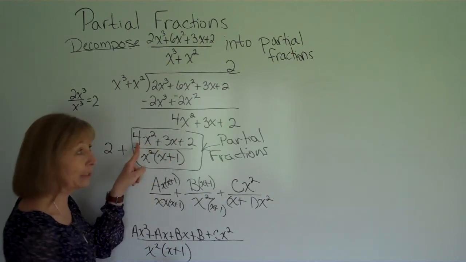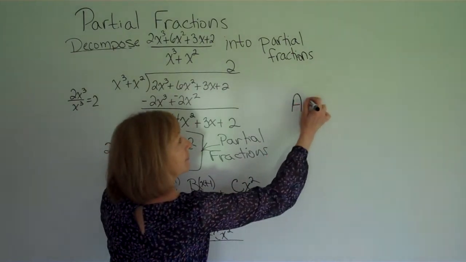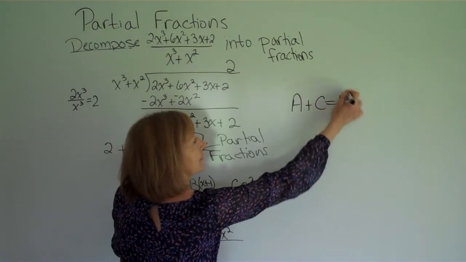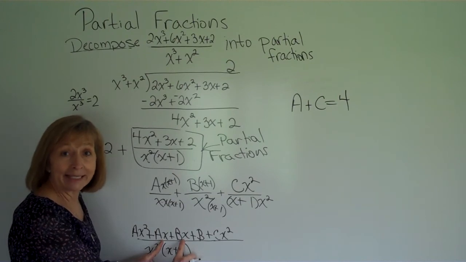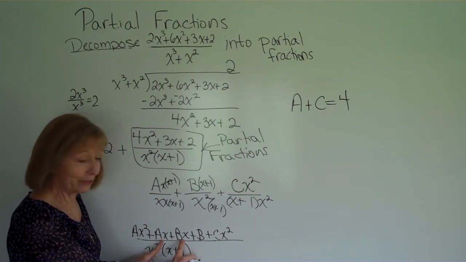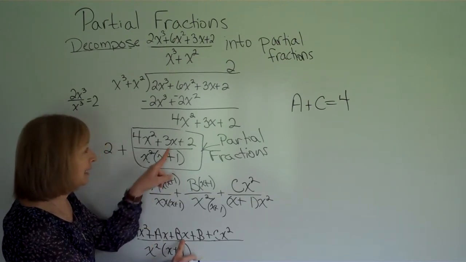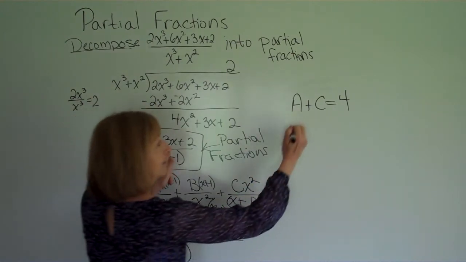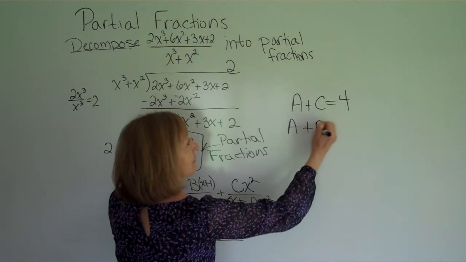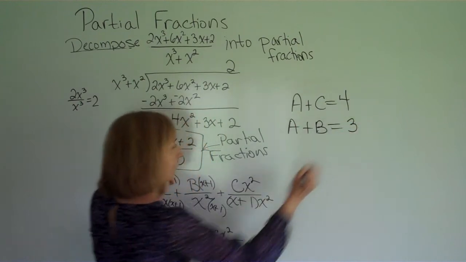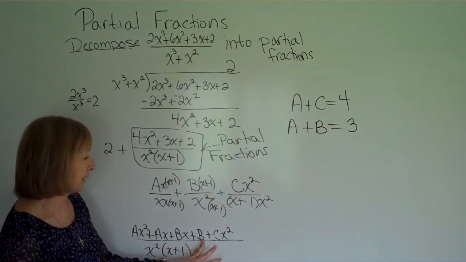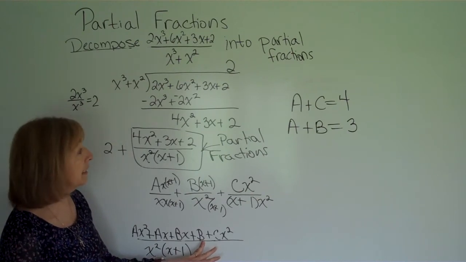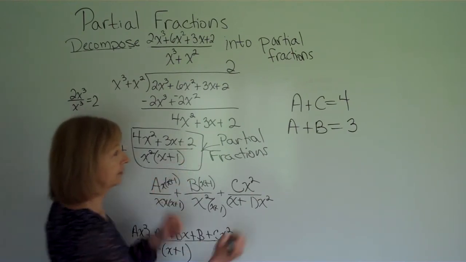A plus c has to equal 4. Then ax plus bx are the terms with just x to the first. So a plus b has to equal 3. And then the term without a factor of x at all is my term here that's b. So b has to equal 2.